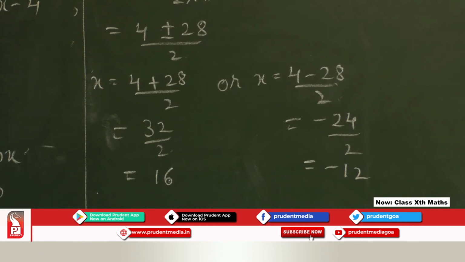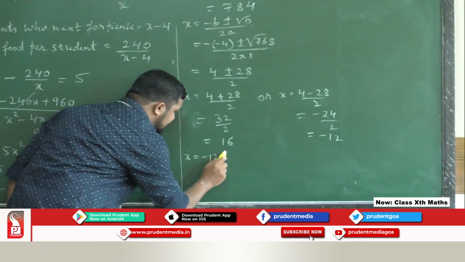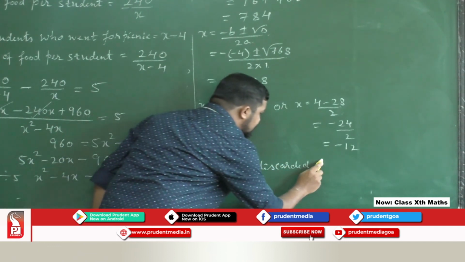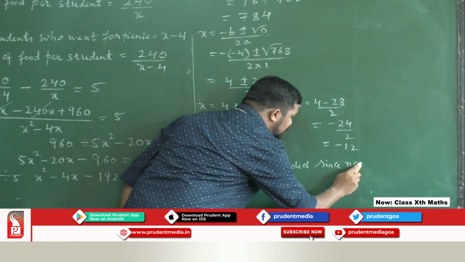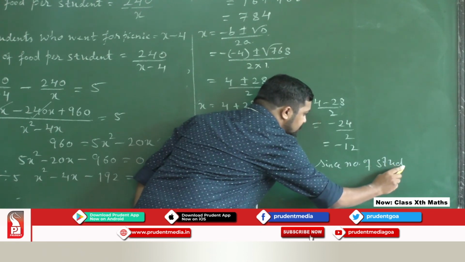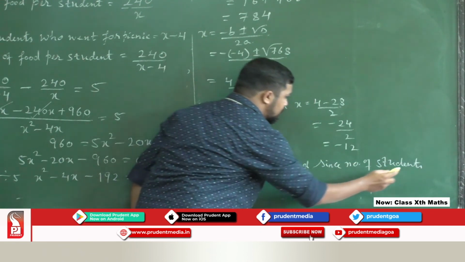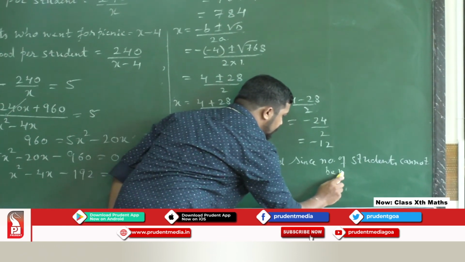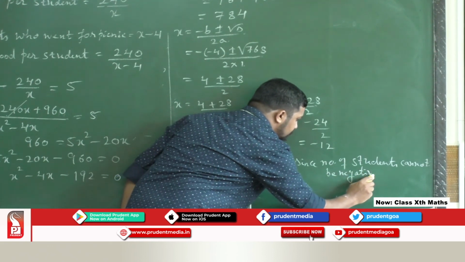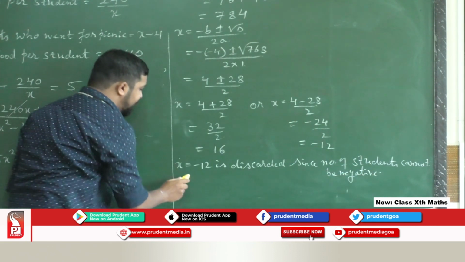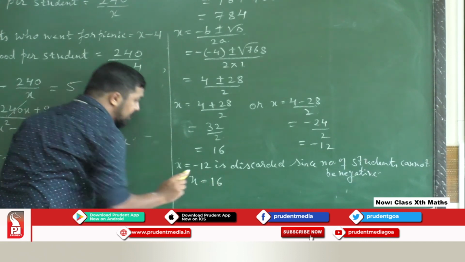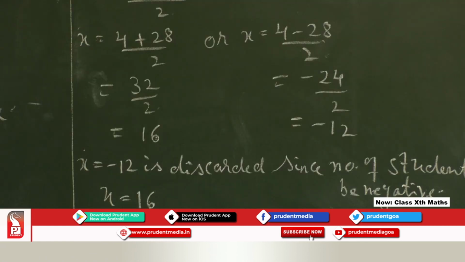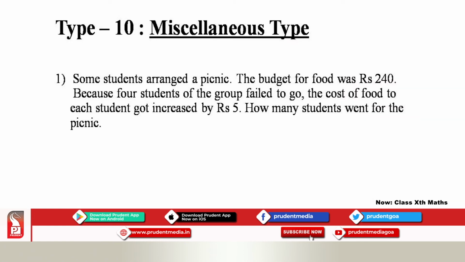So you know x equal to minus 12 is discarded, since the number of students cannot be negative. Therefore, x is equal to 16. Who is x? x are the students who arranged for the picnic. But what is the question asked? The question is asked, how many students went for the picnic?